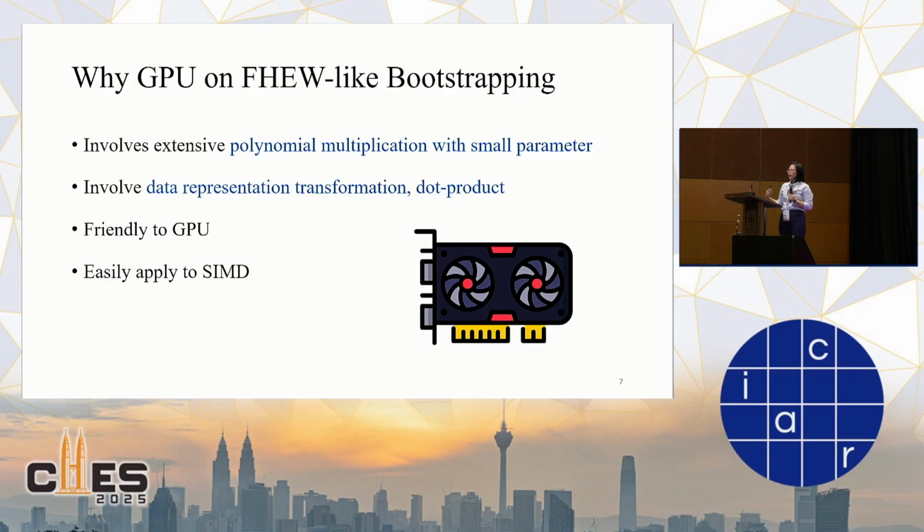Moreover, GPU has inherent parallelism. This effectively makes up for the lack of SIMD support in FHEW and TFHE bootstrapping. As a result, the bootstrapping process is both faster and more efficient.